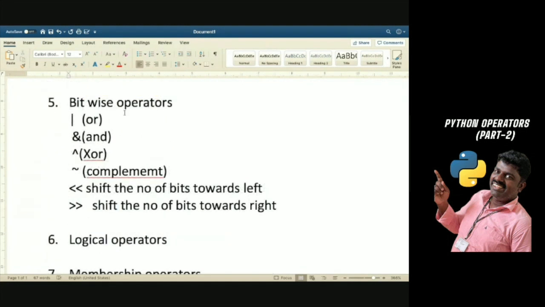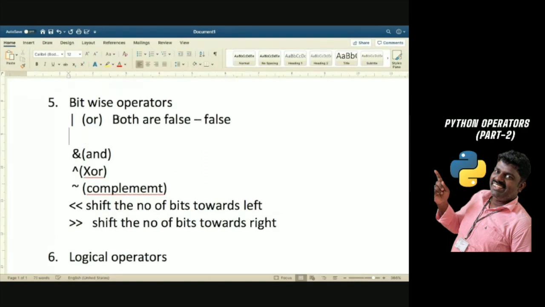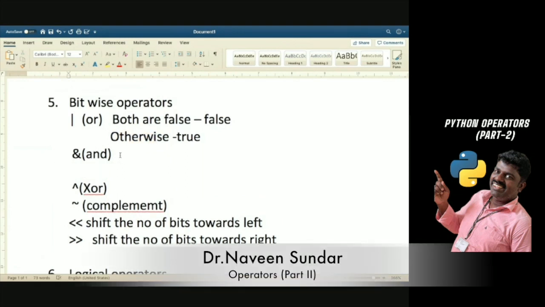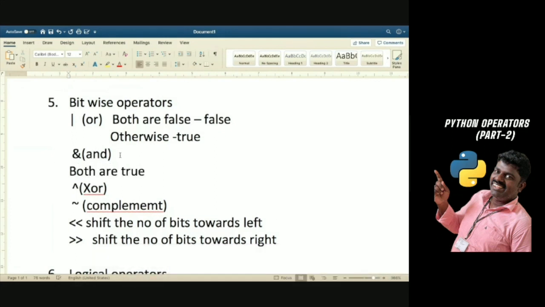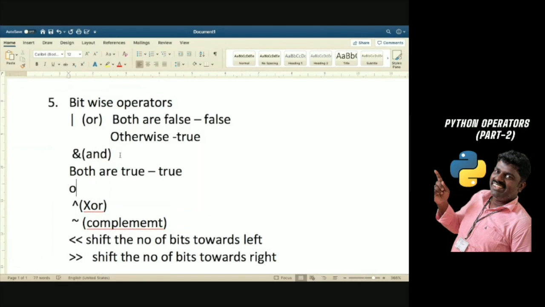For OR, if both are false, then it is false, otherwise it will be true. For AND, if both are true, then we can say it is true, otherwise it will be false.